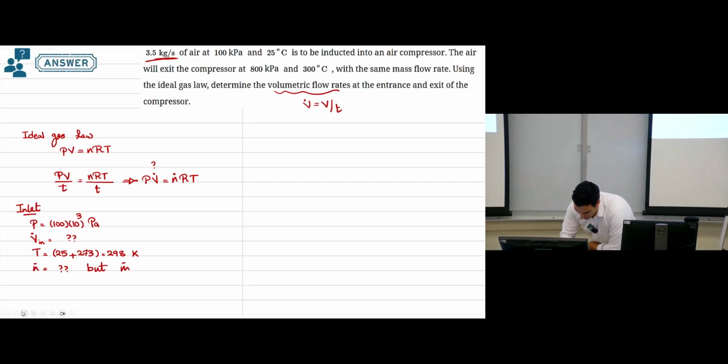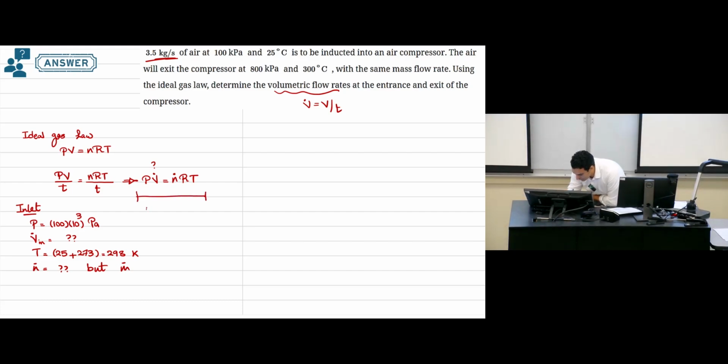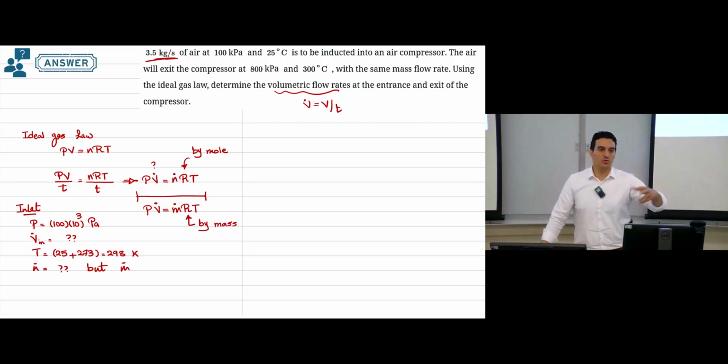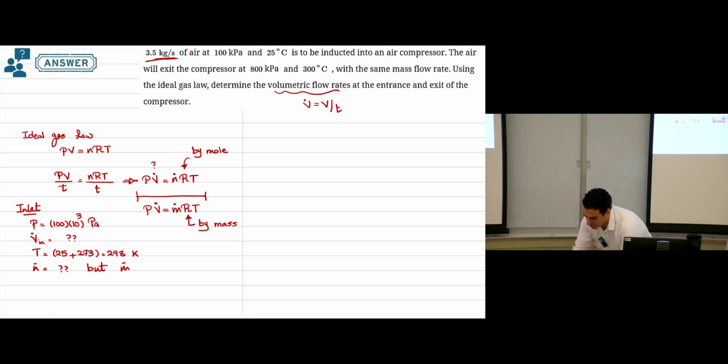So since the mass flow rate is given, instead of using the equation on this side, we can say PV dot equals m dot RT. In this form, the R should be by mass, whereas with the molar flow rate, R will be by mole. Or you can just convert the mass flow rate to molar flow rate by dividing by the molecular weight. So you can do either of them.